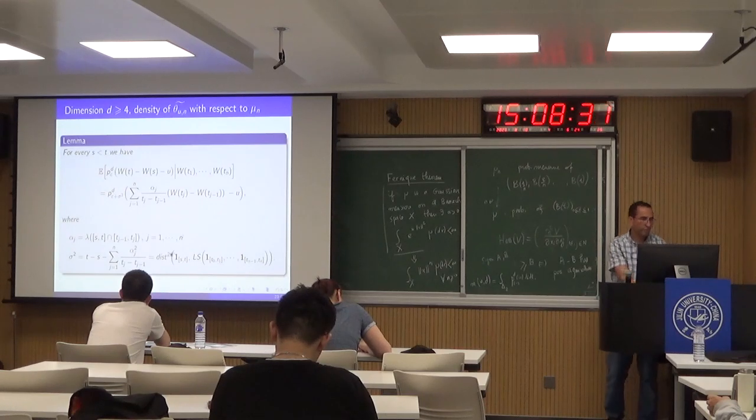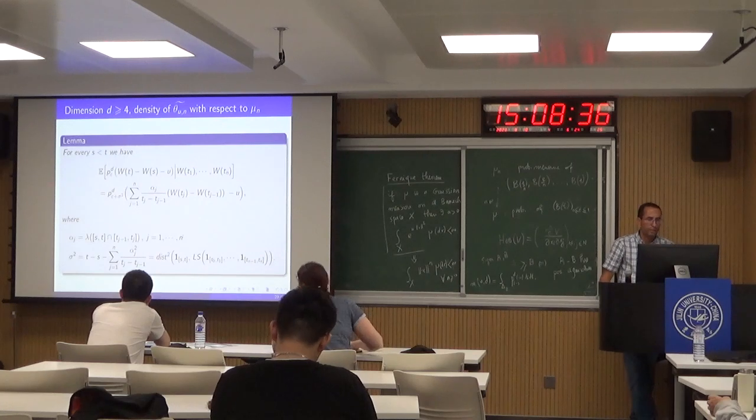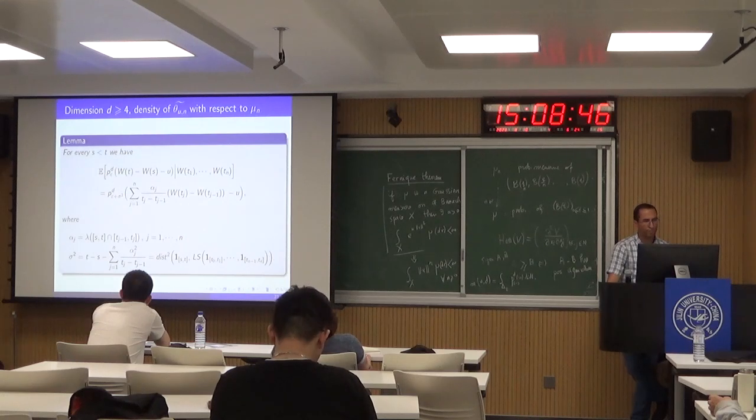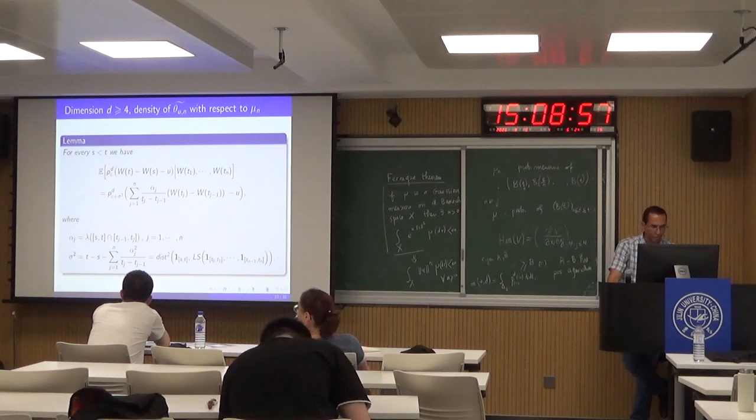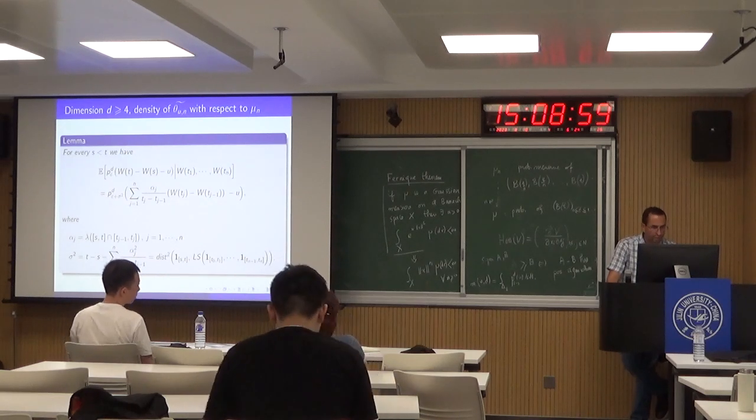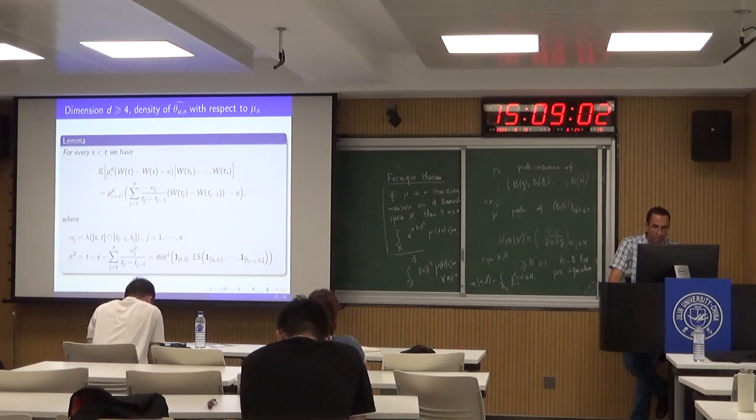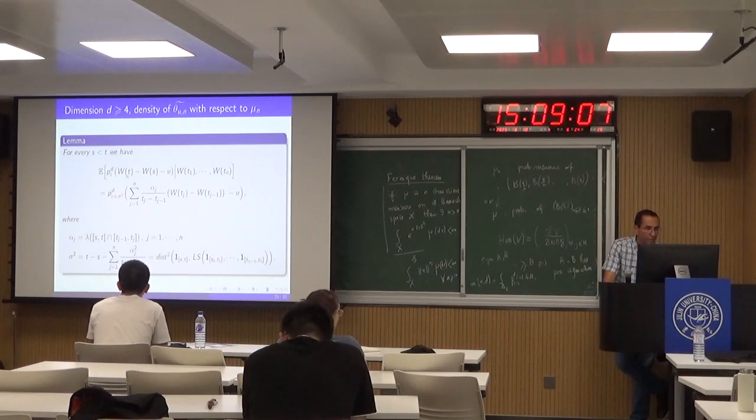First of all, we need the following lemma that tells us how to compute this conditional expectation of p epsilon of W_t minus W_s minus u, with respect to W_t1, W_t. It is a technical lemma needed for the following result, but again, it's a good exercise to prove this.